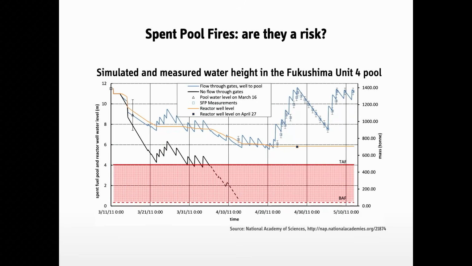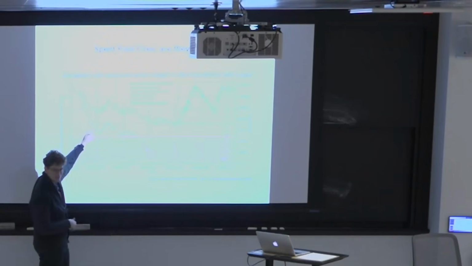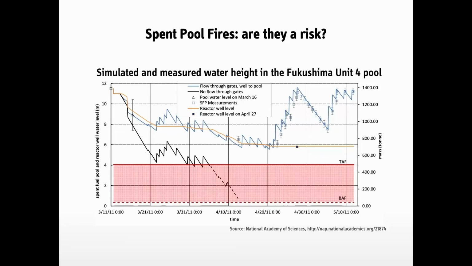So this is a chart from the National Academies that shows basically what happened. The official prediction of the water level was the black line. So here's the accident. They thought that the water was basically evaporating at a constant rate because of the heat, and then they realized that they needed to do something about it, so they kept bringing in fire trucks, and they got really desperate, and they kept hosing in, and they thought they had gotten some water, but then there were some issues.